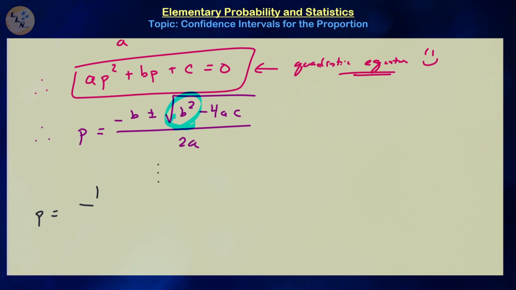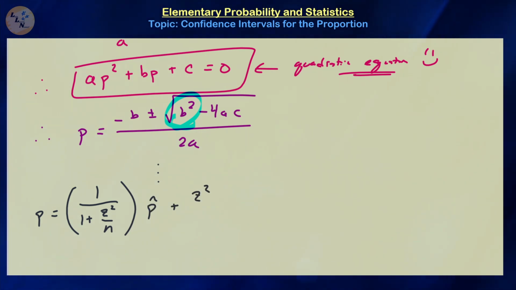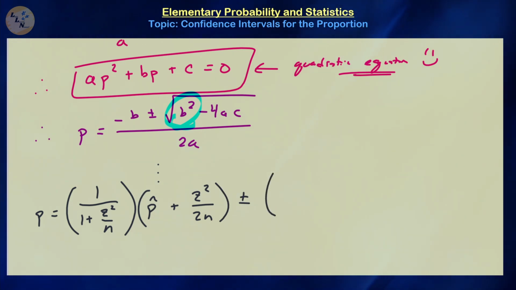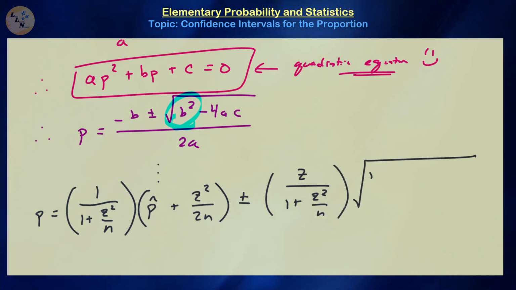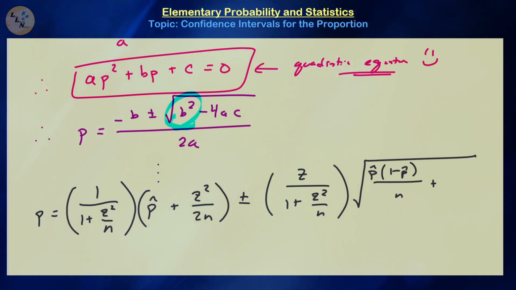you're going to have p equal to 1 over 1 plus z squared over n, times p hat plus z squared all over 2n, plus or minus z all over 1 plus z squared over n, times the square root of p hat(1 minus p hat) over n plus z squared over 4n squared.